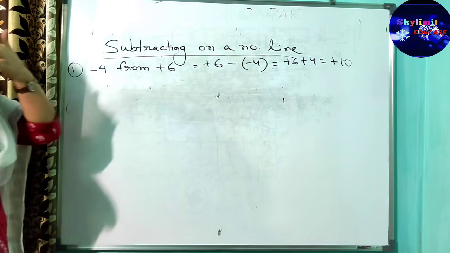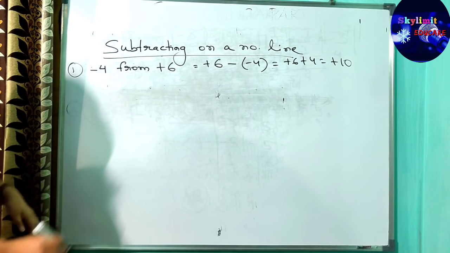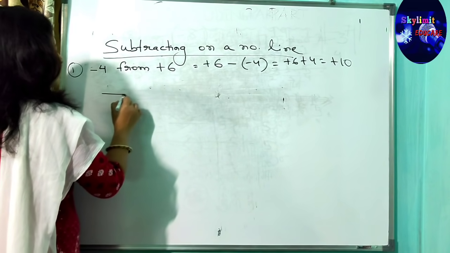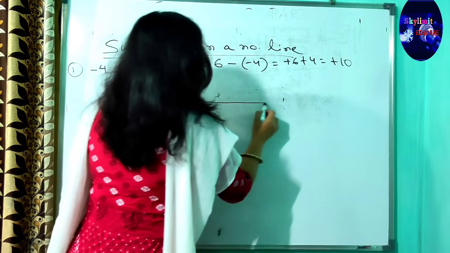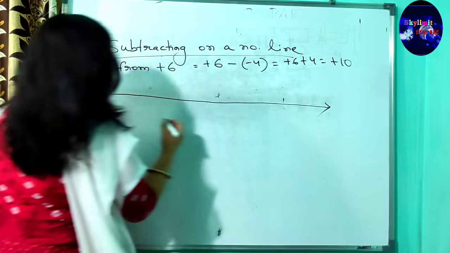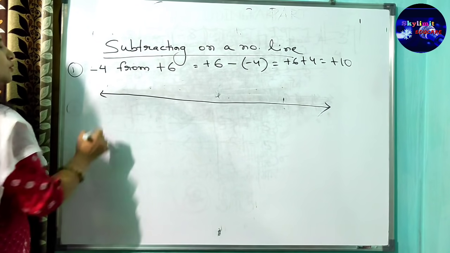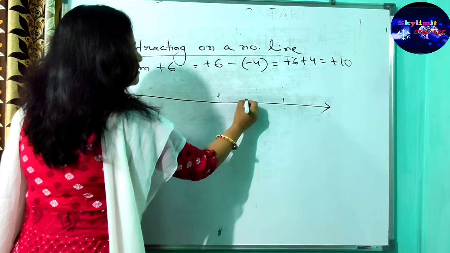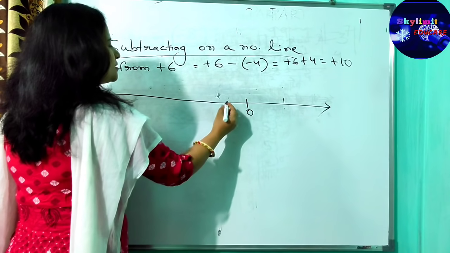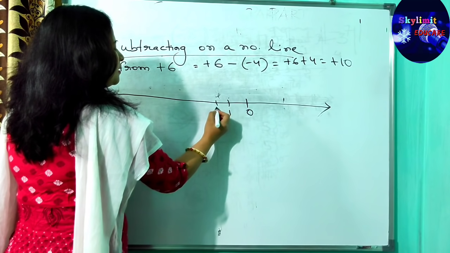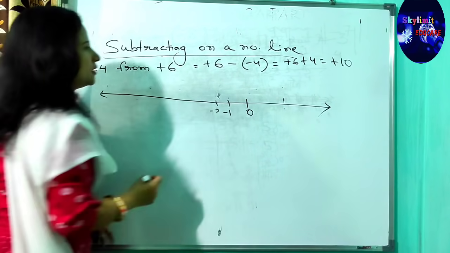But how to solve it on the number line? So now you can judge it. We need more of positive here. So what shall we do? Take 0 somewhere here. 0, 1. Sorry, minus 1.